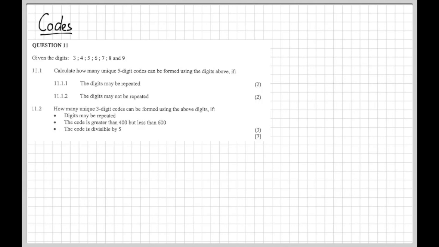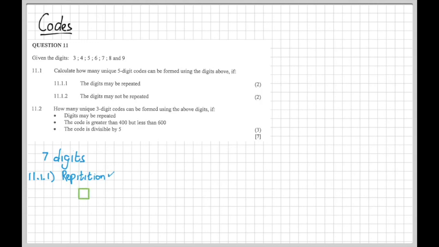And I'm asking you how many unique 5-digit codes can be formed using the digits above if, first of all, the digits may be repeated. So let's have a look at this question and write down first of all what we know. What we know is there are 7 digits for us to choose from. And in 11.1.1, repetition is allowed.